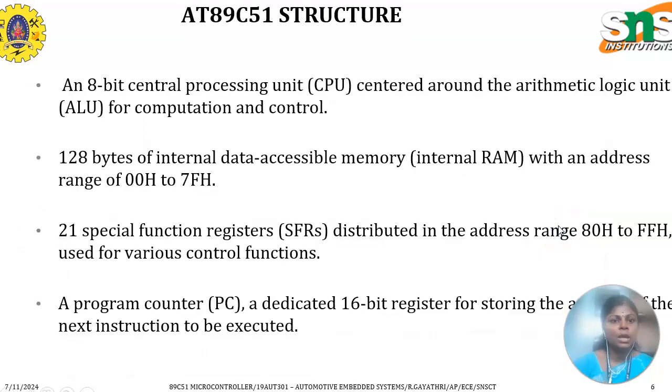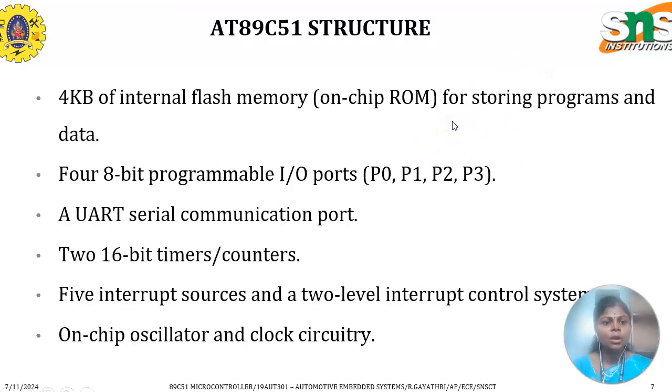And continuing the 89C51 structure, it has an 8-bit central processing unit centered around arithmetic logical operations for computation and control; 128 bytes of internal data accessible memory, internal RAM with address range 00 to 7F; 21 special function registers distributed in the address range 80 to FF used for various control functions; a program counter, a 16-bit register for storing the address of the next instruction to be executed; and 4K bytes of internal flash memory, on-chip ROM, for storing programs and data.